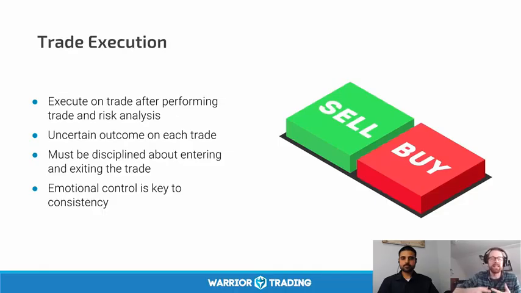And so that disconnect can allow traders to do things that they wouldn't ordinarily do. And so there's a process of emotional conditioning and building up your tolerance to take risk, because this is risk taking, but we do it in a calculated way. And by really measuring our risk, we reduce how much we're willing to lose, which is really important. Is there anything you wanted to add on this slide?